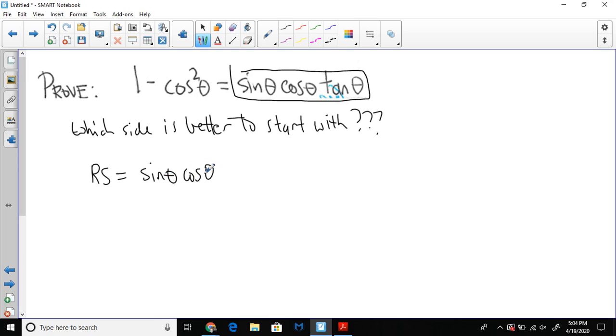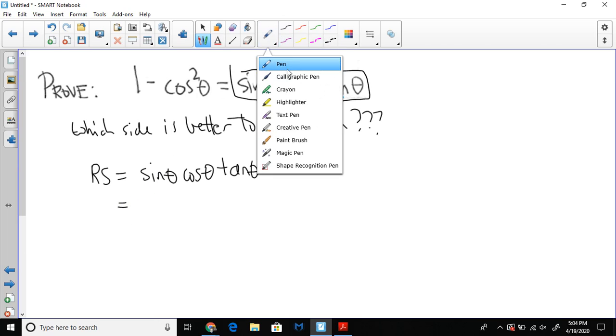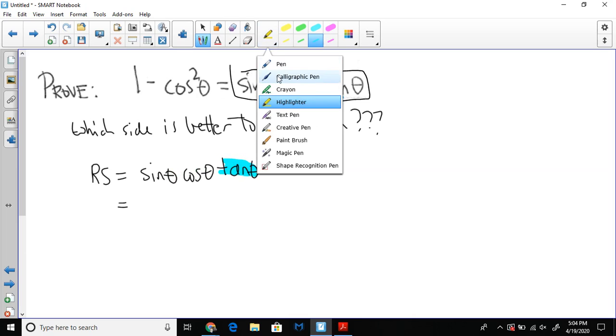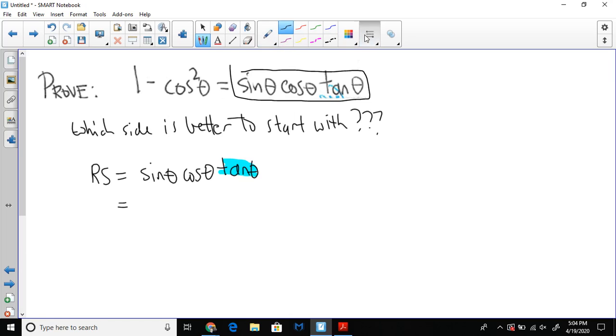And then through identities, I have to show that this is going to equal 1 minus cos squared. So when I do these, I see tan. Tan is an identity, so I'm going to change this. Sine times cos, I'm just going to leave. So I have sine theta cos theta times, well, what is tan?